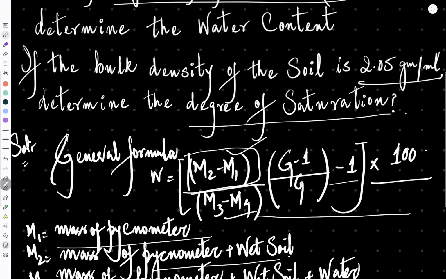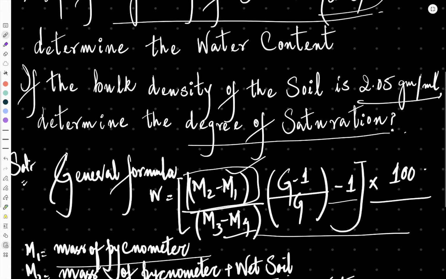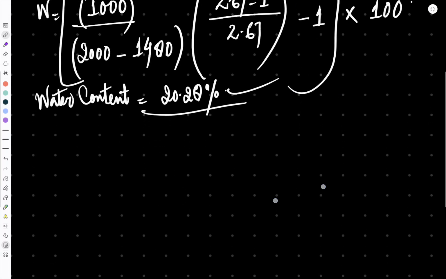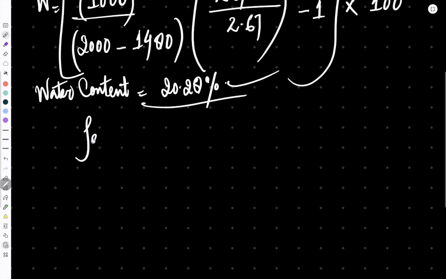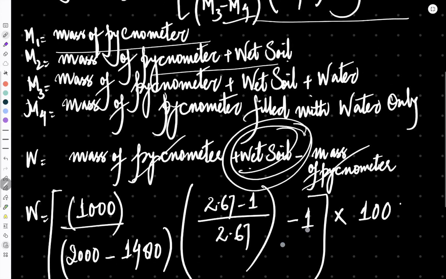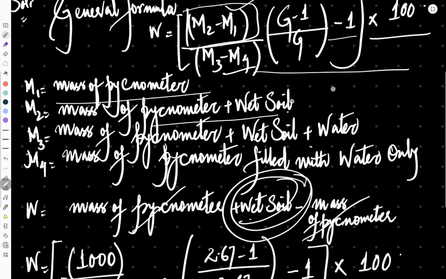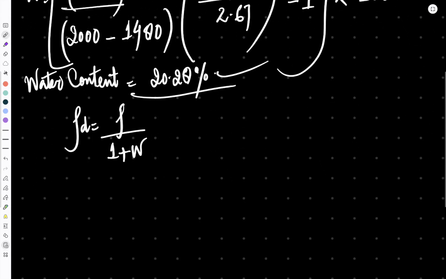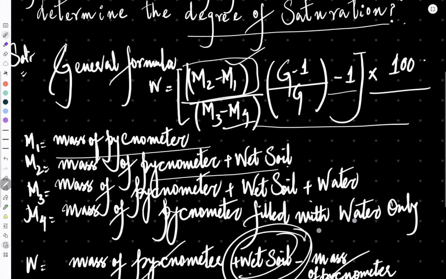Next thing that the question asks us to find is, if the bulk density of the soil is 2.05 grams per milliliter, determine the degree of saturation. All right. We know the equation: dry density is bulk density divided by 1 plus water content. All right. We know this. So dry density is bulk density, how much?